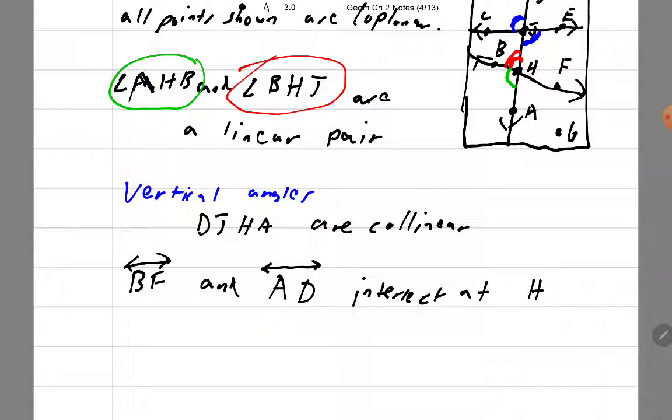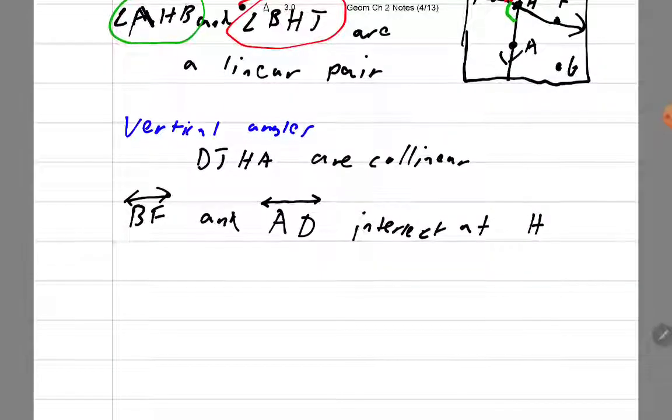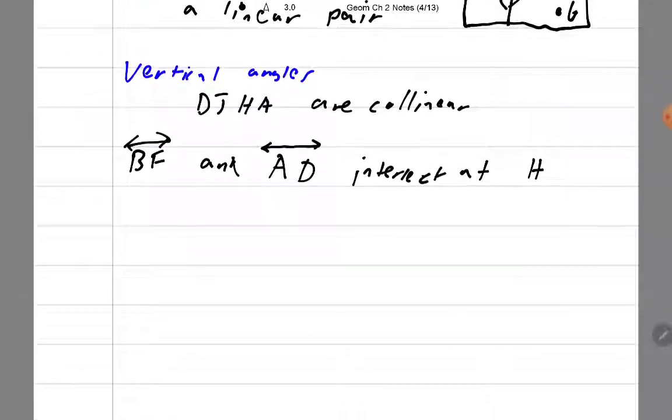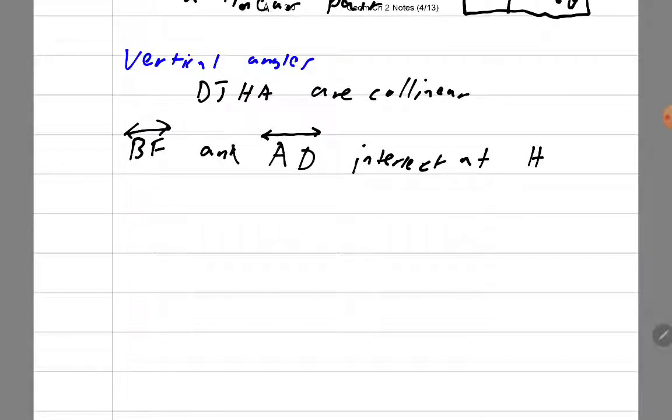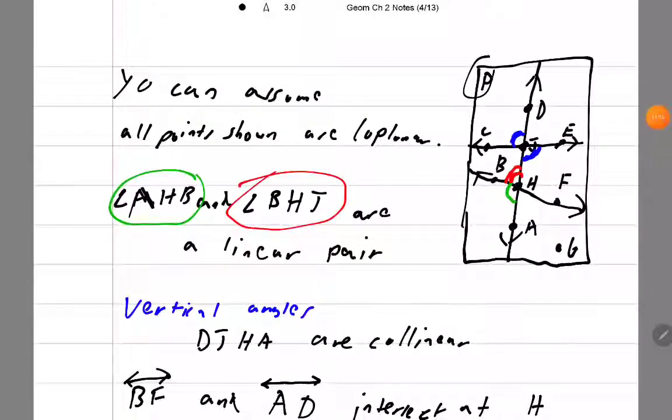Angles can look like they're congruent, but they need to have either a symbol or they need to be vertical angles. Things being perpendicular, you can't assume perpendicular unless there's a right angle. And finally, you can't assume things are 90 degrees unless they give you a right angle. So I added a little bit more than I should, but that's that for 2.1.